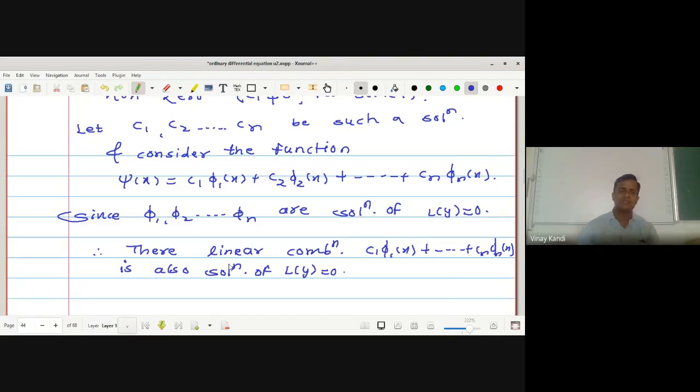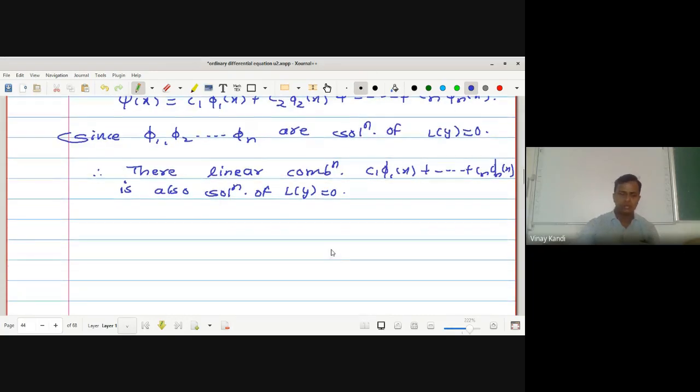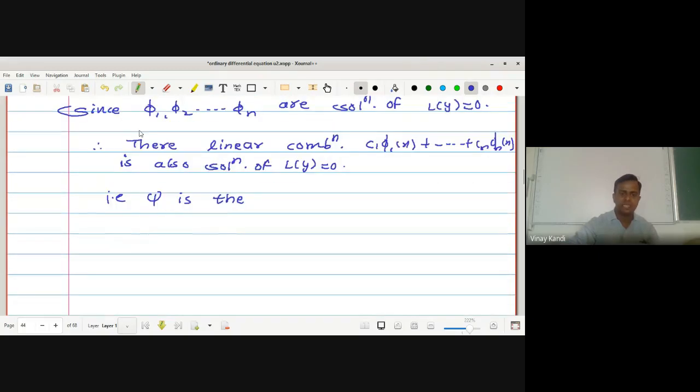Okay, we know that if phi 1, phi 2 up to phi n are the solution, then their linear combination also is the solution. Okay, therefore psi is the, what is the linear combination? Is nothing but psi of x. Psi is the solution of L of y is equal to 0.